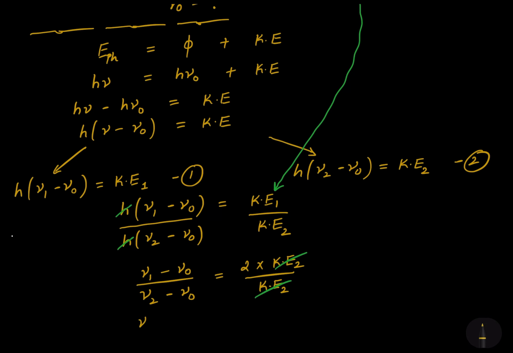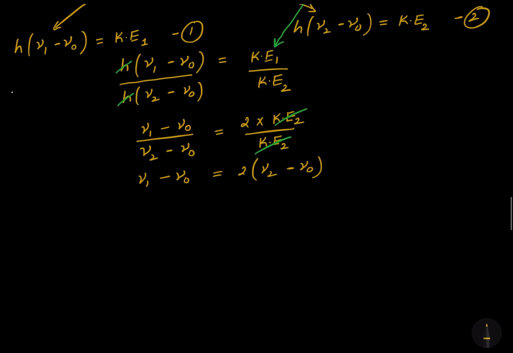Now nu 1 minus nu naught will be equal to 2 into nu 2 minus nu naught. Hold on, it's 2 nu naught, sorry.